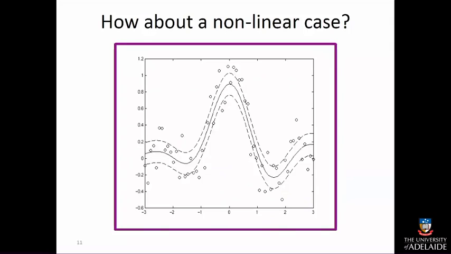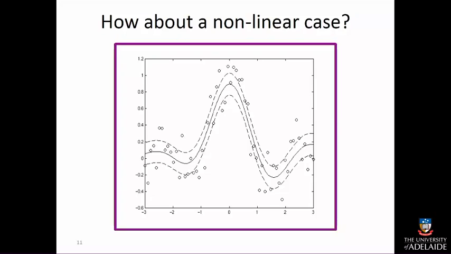How about the nonlinear case? So far we only talked about the linear case. We are learning a linear function f(x) equals W transpose times x plus b. Again, it's the same as in the case of support vector classification.